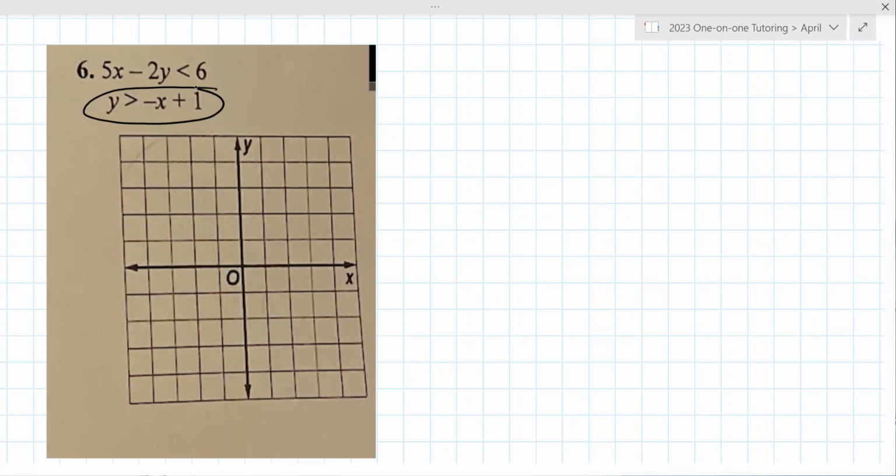Yeah, the bottom one there. All right, I got it.